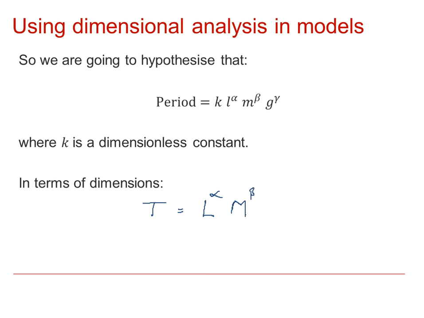And the acceleration due to gravity, acceleration, is L T to the minus 2, and that will all be raised to the power gamma. So now we need to compare the dimensions on each side of our equation.